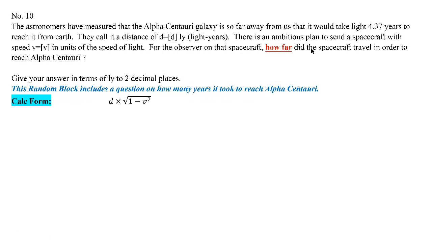Therefore, the distance that Alpha Centauri travels in order to meet me and to greet me as a good cousin or a good relative, is v times this proper time.